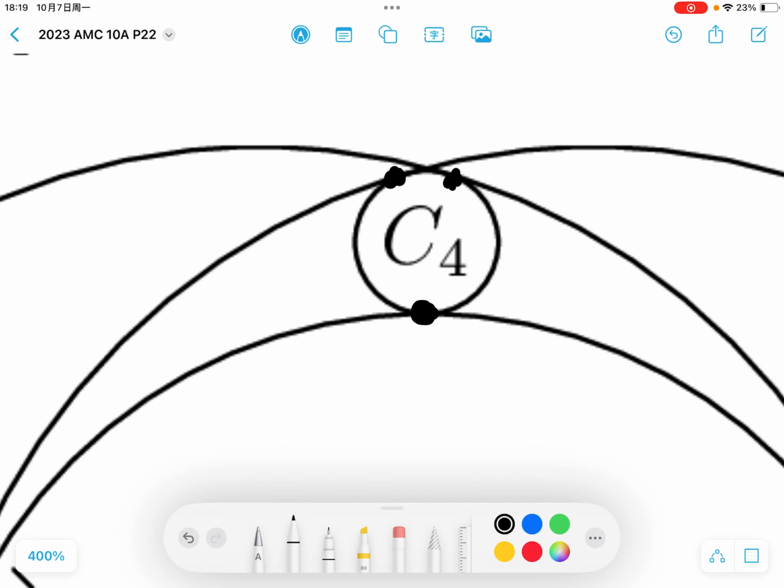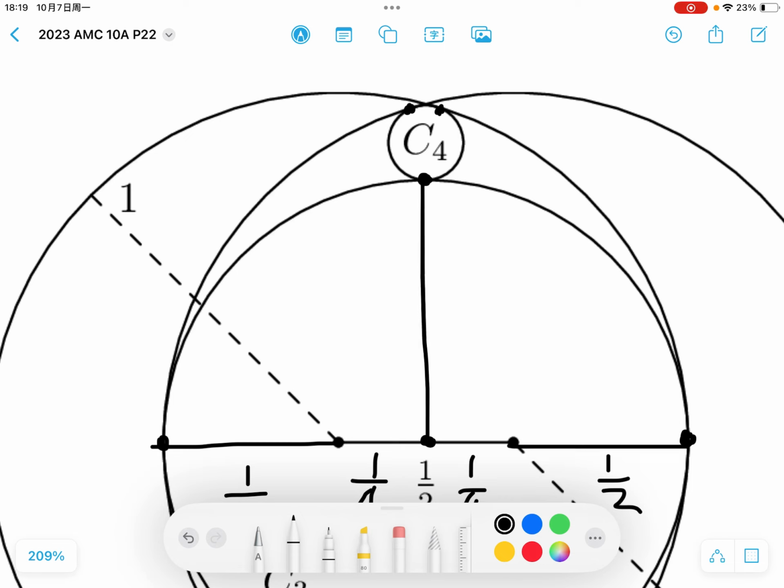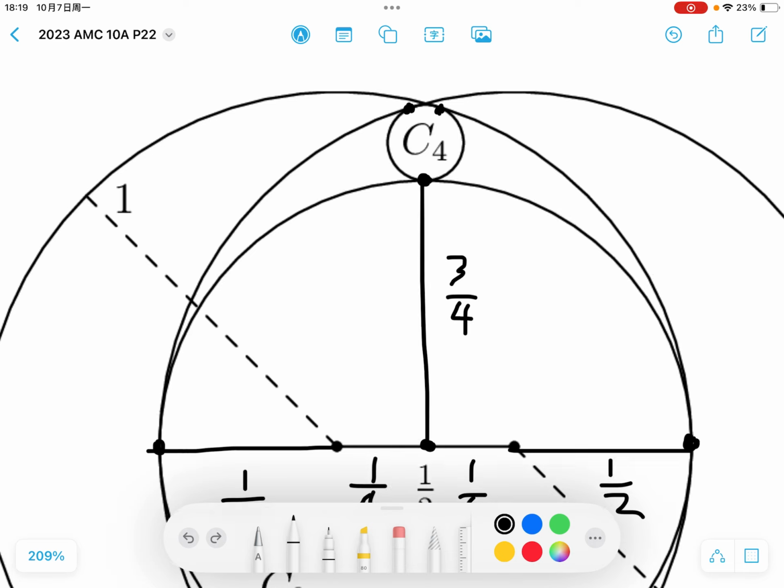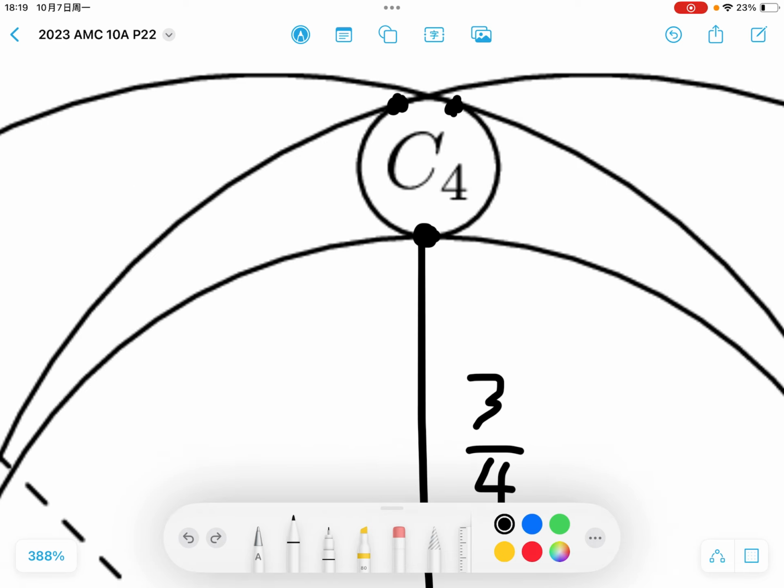So after you know that this length here is 3/4, you try to connect the tangent points. So like one of the tangent points to, say, this center here. Your goal here is to find the radius.